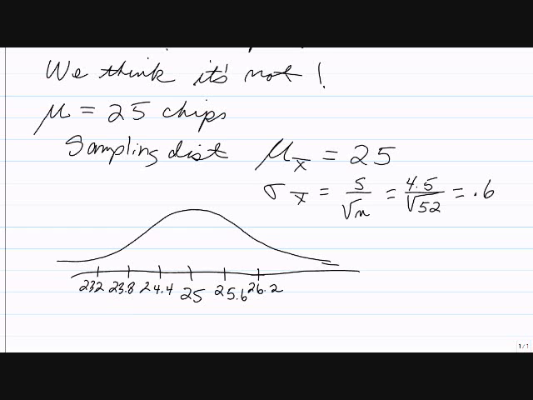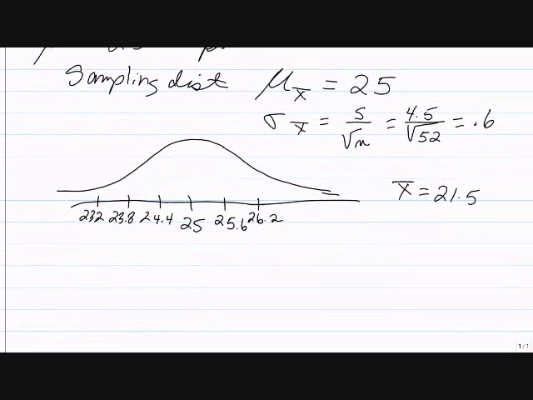So our sample mean chocolate chips per cookie was 21.5. Oh, wow. That's way down here somewhere. Way below the mean, quite a few standard deviations below the mean.